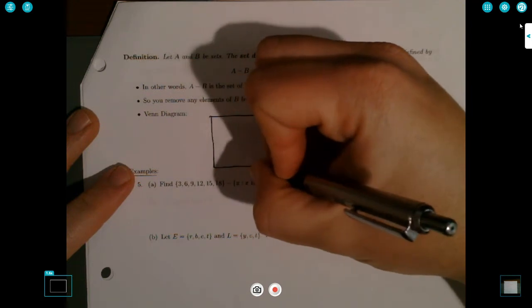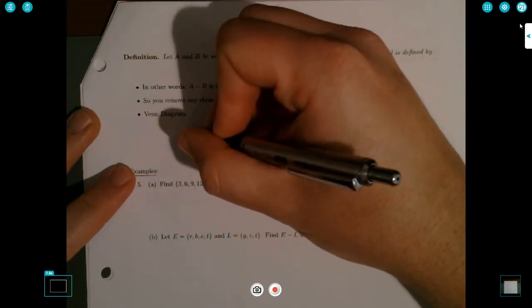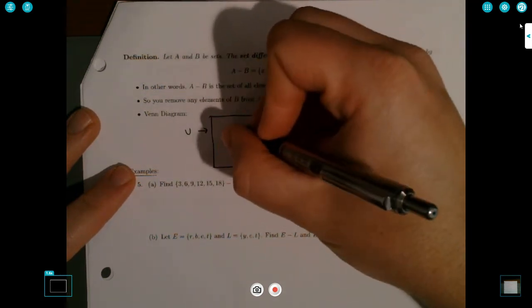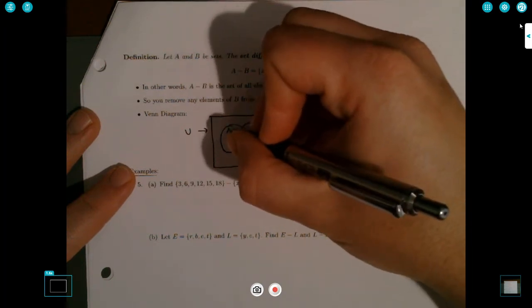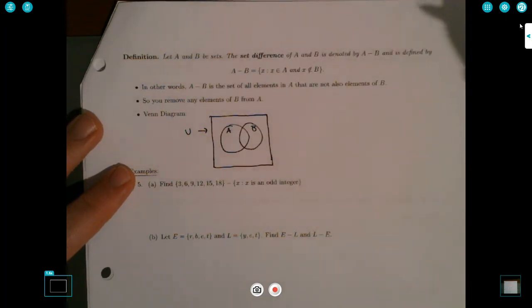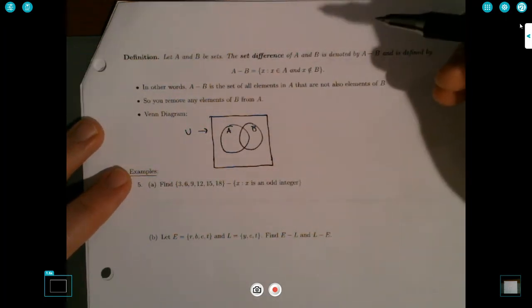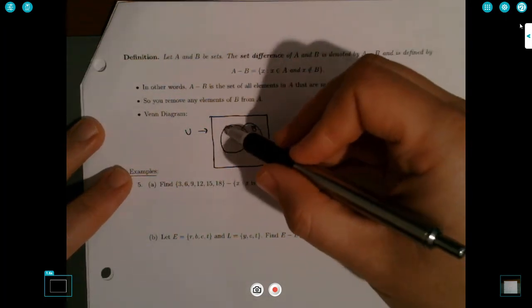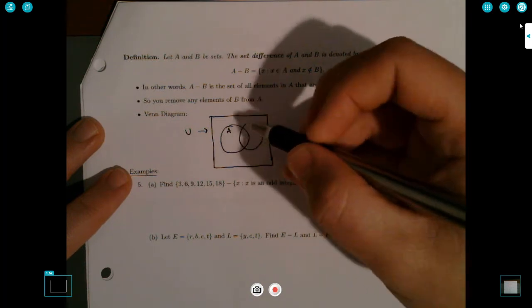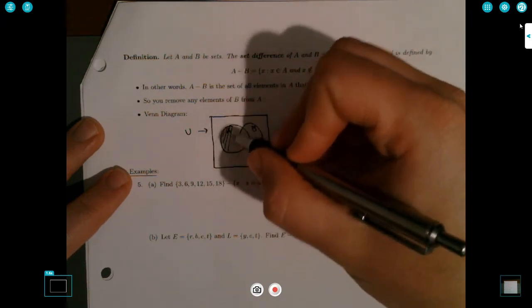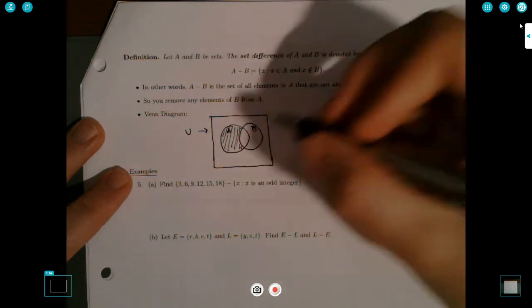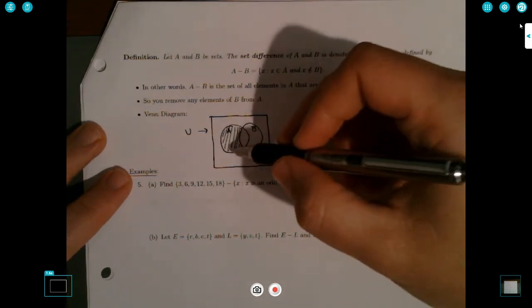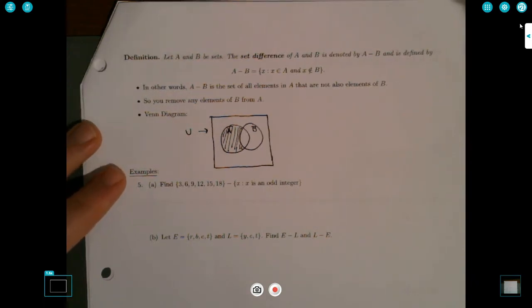So let's say that you've got your universal set, and then you've got A and B. A minus B would be all of the elements of A that are not elements of B. So it would be all of this stuff, right? But not the stuff in the intersection. It would just be that stuff.